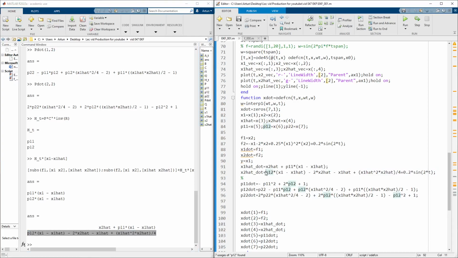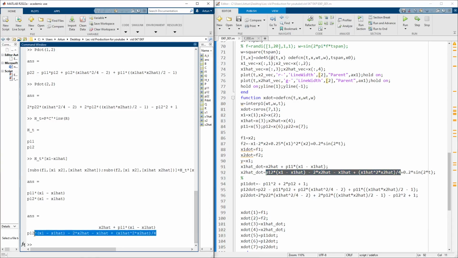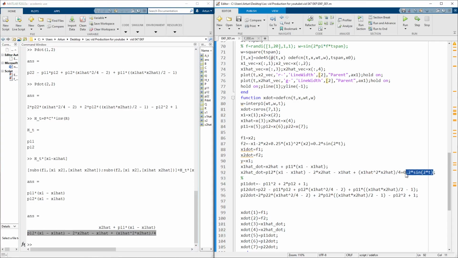But you can say, hey, we also have this term. This and this, they are the same. But we also have this because we know what it is.